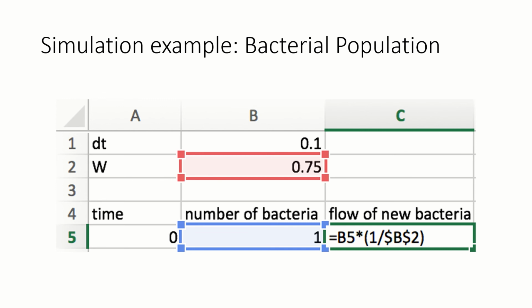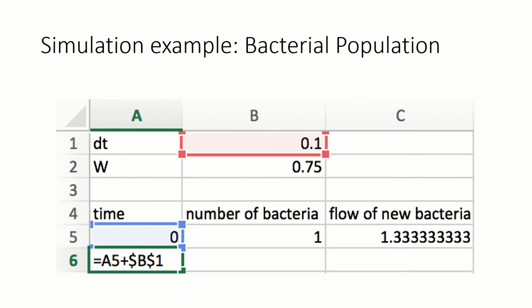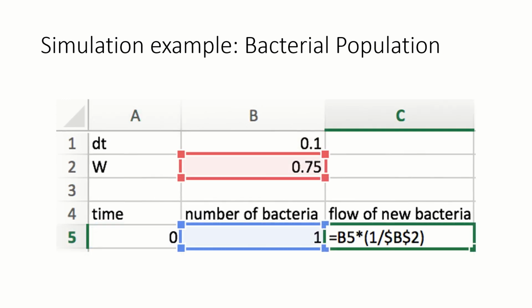So in order for me to get my interest rate, I have to multiply this by my DT, and that's going to show up in the next row. In this previous row, I've got my number of bacteria, and I've got the flow without a DT. The flow is the derivative, there's no DT in the derivative, so it's just the rate of change due to the entire population.